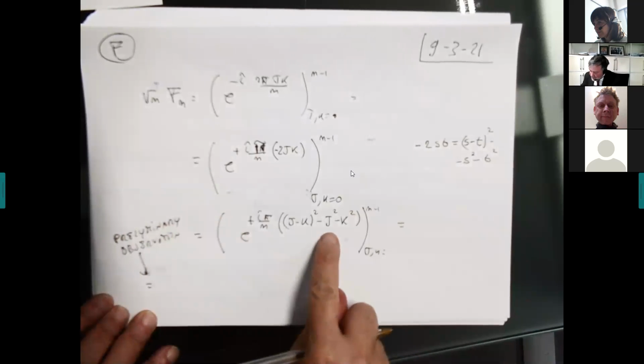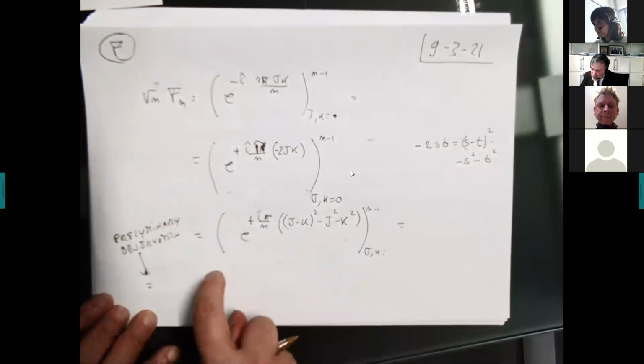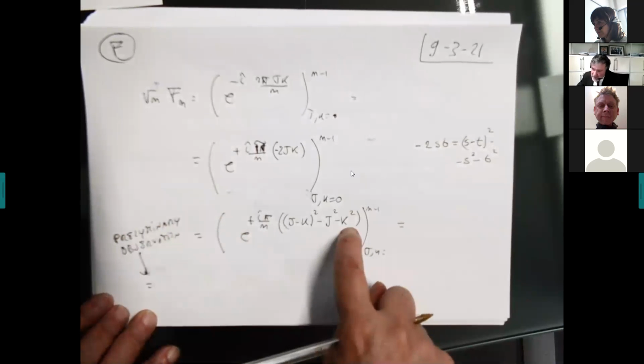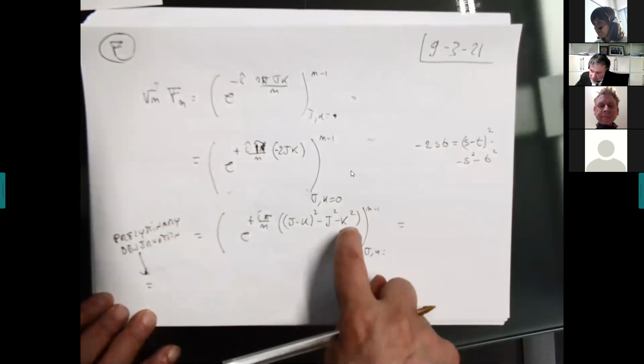notice this index is only j, only the row index. And this index is only the k index.